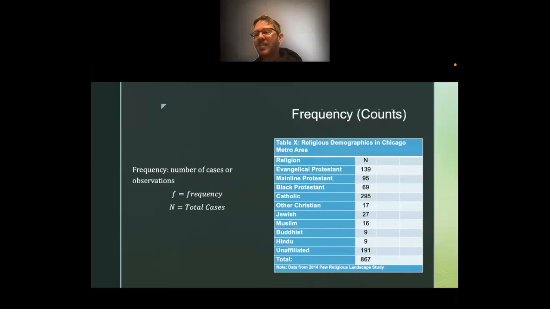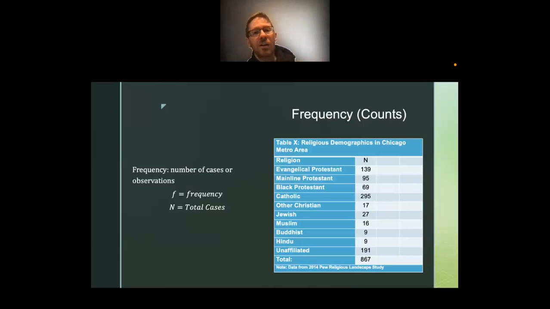So the most basic thing to do with a variable is count the number of cases or observations, right? So here we have the variable religion in the Chicago metro area. And for each category, you see in the table, there's evangelical, mainline Protestant, Black Protestant, Catholic, other Christian, Jewish, et cetera.